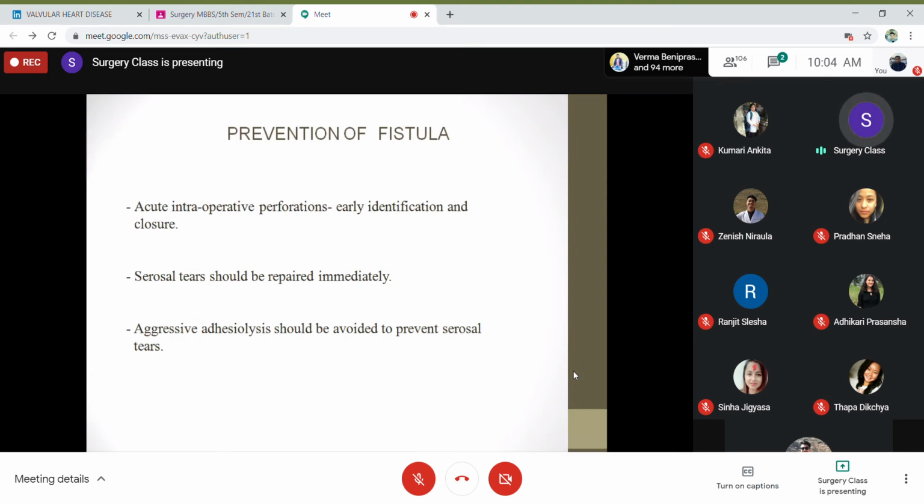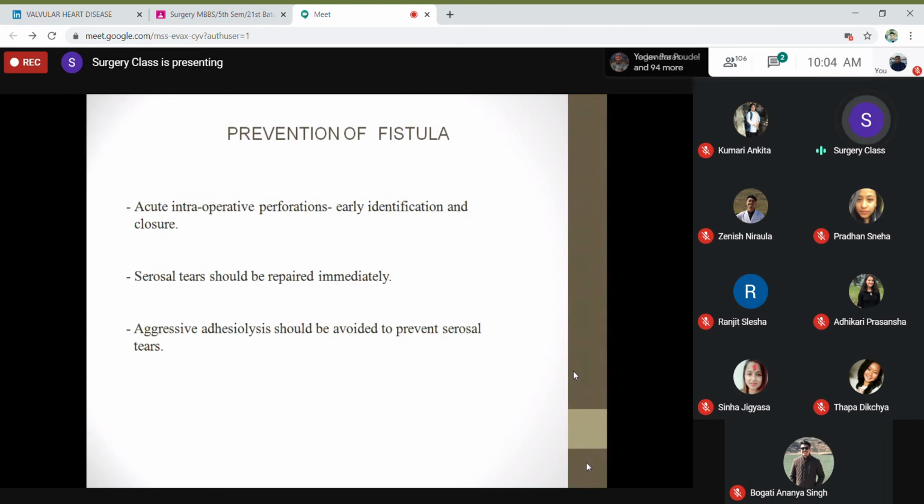Okay, so for an acute intraoperative perforation, early identification and closure has to be done, and likewise serosal tears, as when you are operating there can be injury to the bowel wall leading to serosal injuries. As you know, the bowel has different layers: serosa, then muscularis propria, then muscularis mucosa, submucosa, and the mucosa. When there is an injury to the serosal layer, you have to repair it, because the two bowel loops will get adherent to each other because of the serosal injury leading to inflammation.